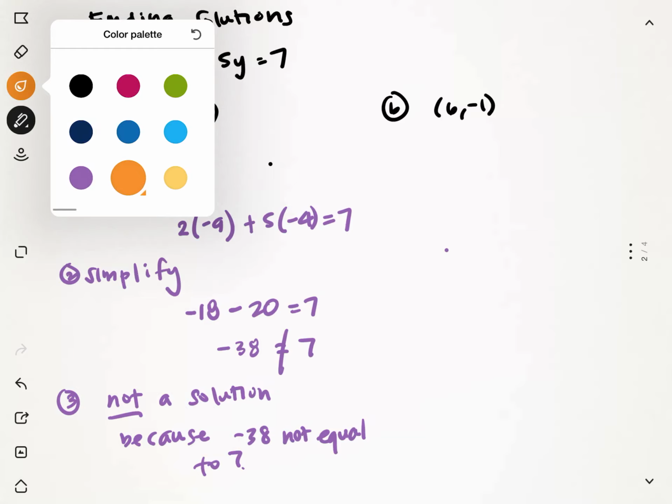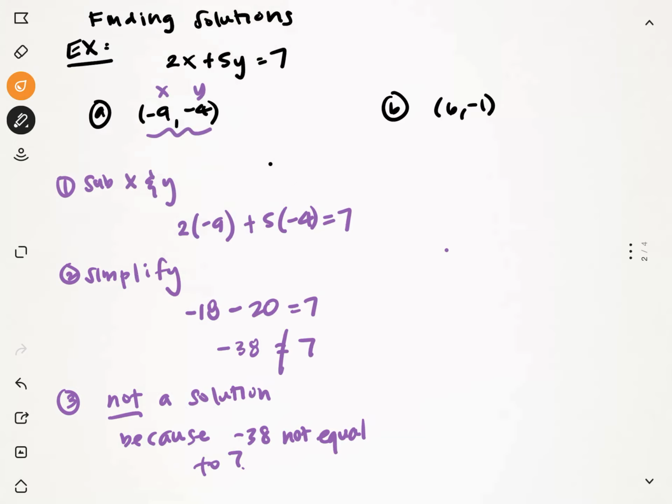Alright, let's try the same thing with the next point that they're giving us. So this time we have our x is 6. Our y is -1. All right, we're going to go ahead and simplify.